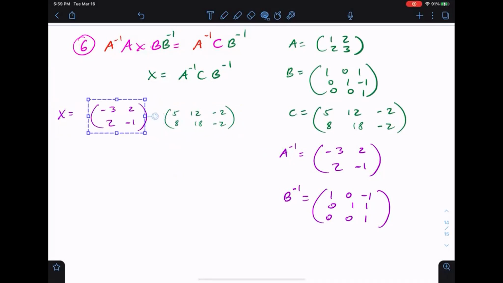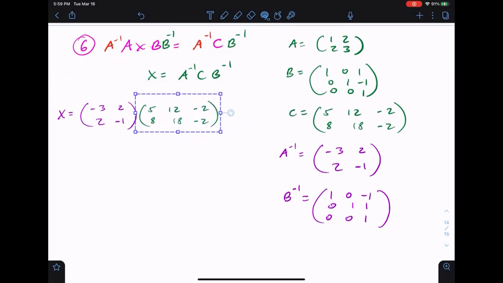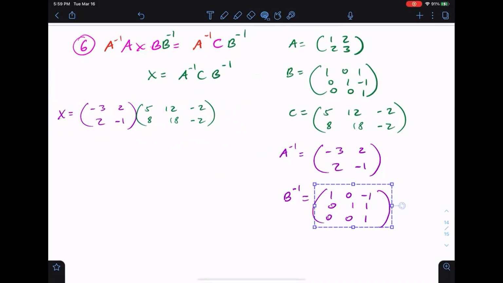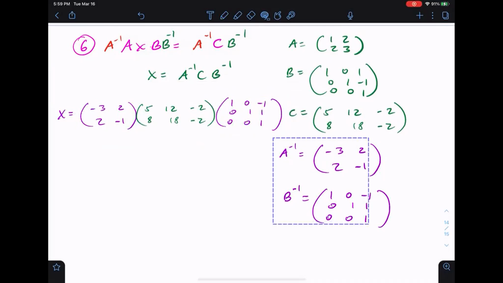So this thing goes here. And then I need B inverse, right? So I have A inverse, C, and B inverse. So I need to put B inverse here too. Okay, copy and then paste. Okay, let's see. Yeah, so this is what we have so far.